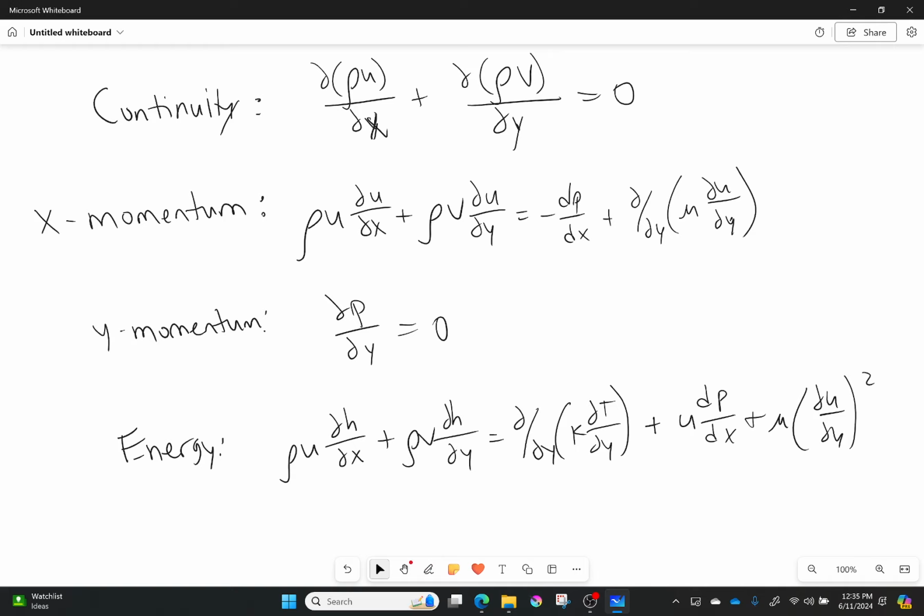Okay, we've got continuity, x momentum, y momentum, and energy. Where did these come from? That is what we're going to jump into next, so we can figure out why we have them in this form.